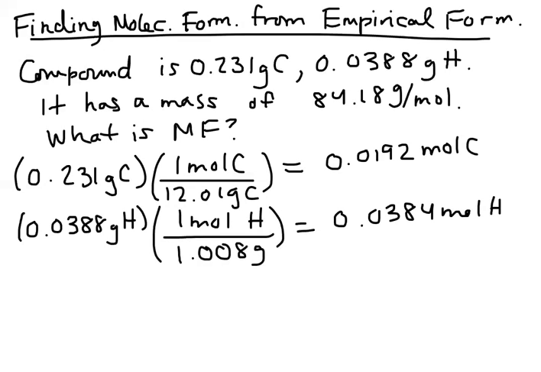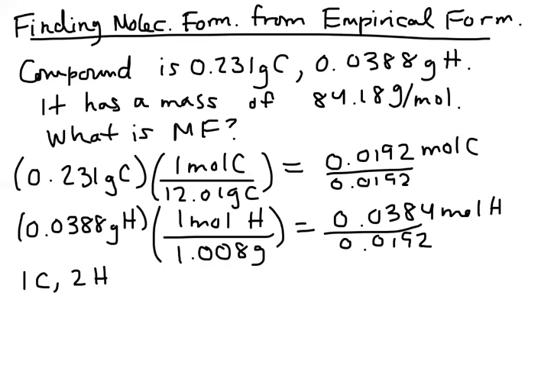So we're going to divide both of these by 0.0192. And that's going to give us 1 carbon and 2 hydrogens. So what is our empirical formula? CH2.